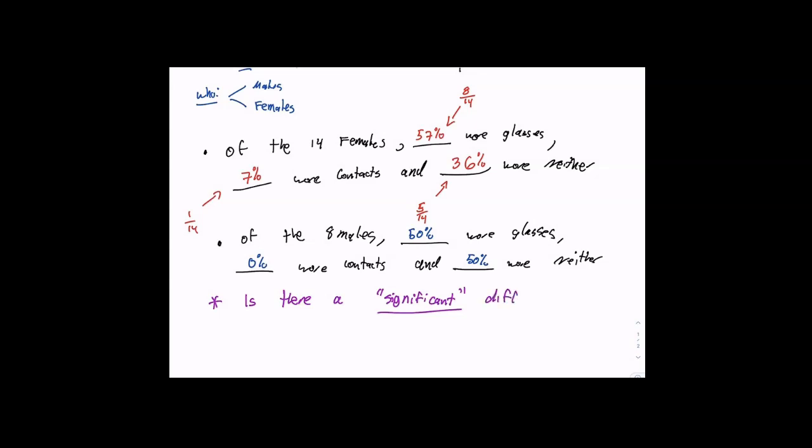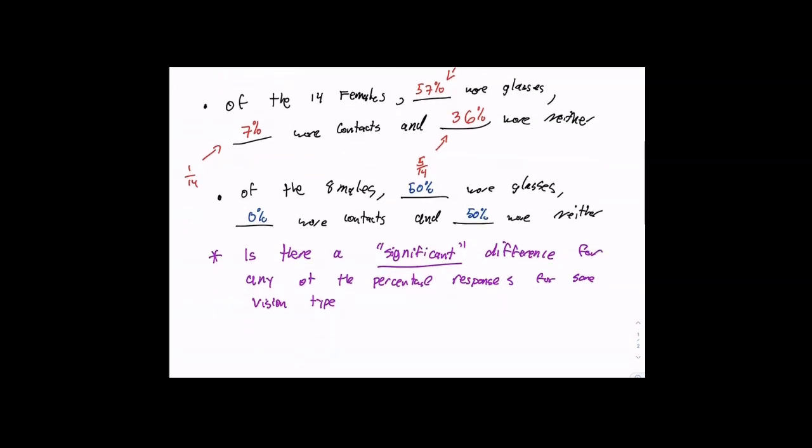Significant difference for any of the percentage responses for the same vision type. Are any of these significantly different?